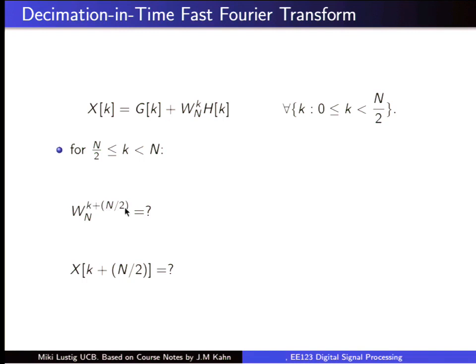When you add n over 2, you get the conjugate, so you get a negative power of this. And this one is the same.